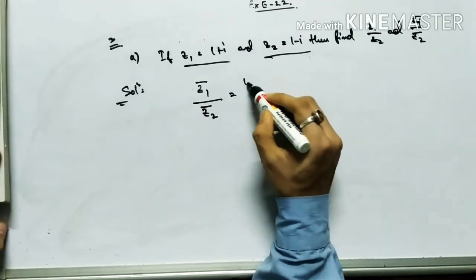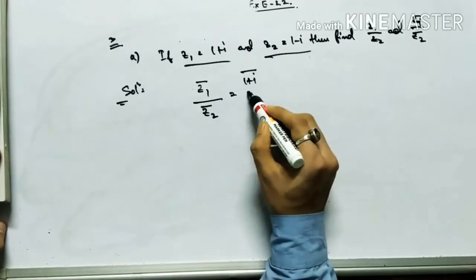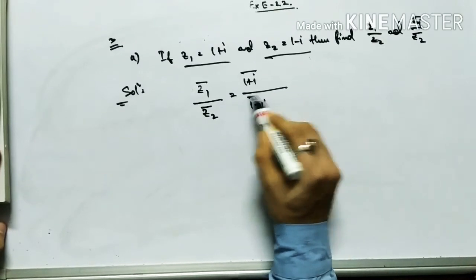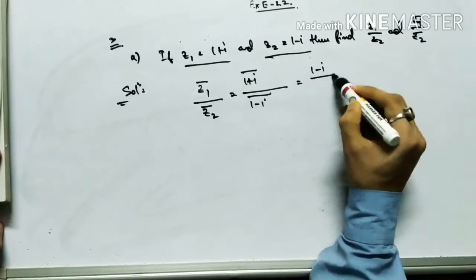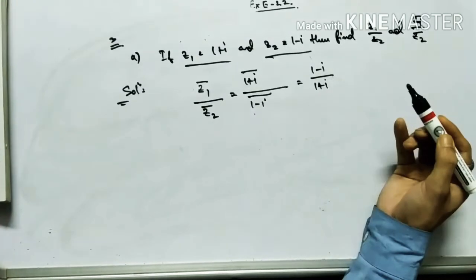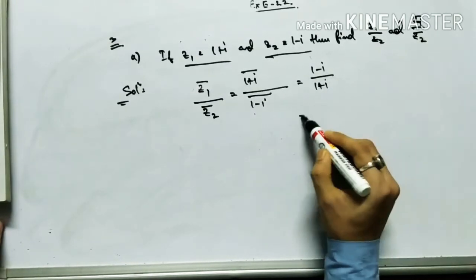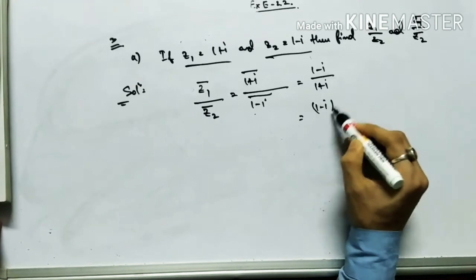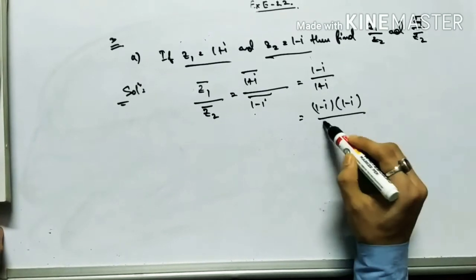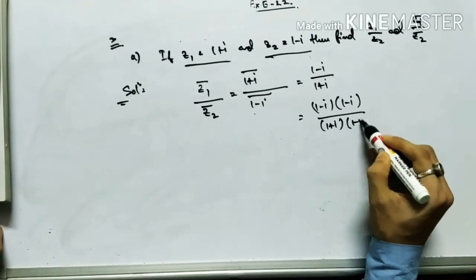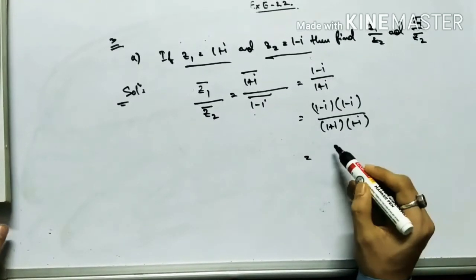Which gives me (1 plus i) bar by (1 minus i) bar. So this one becomes 1 minus i, and this one becomes 1 plus i. Again, both numerator and denominator, with what will I multiply? Since this is 1 plus i, I will multiply both numerator and denominator by 1 minus i.